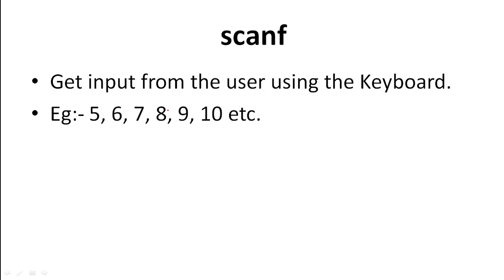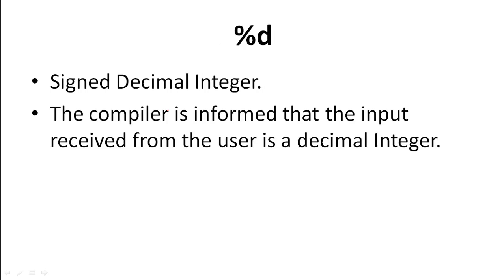So the addition of two numbers can be anything. I have given you certain examples here: 5, 6, 7, 8 and so on. It can be any two numbers. The %d stands for a signed decimal integer. The C compiler is informed that the input received from the user is a decimal integer and nothing else.